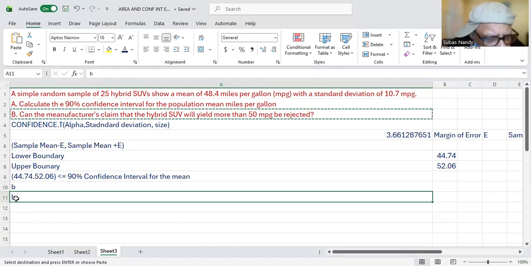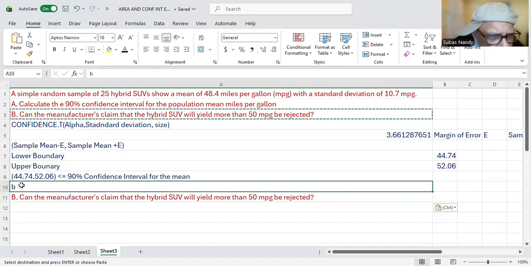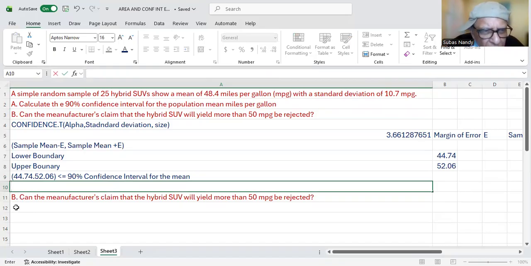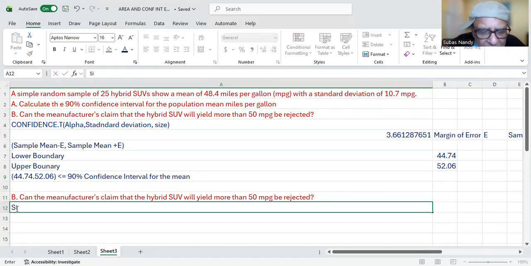Since the 90% confidence interval contains 50 miles per gallon, because 50 mpg is inside that confidence interval, the manufacturer's claim cannot be rejected.